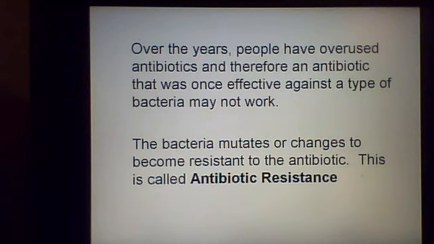Over the years, people have overused antibiotics, and therefore an antibiotic that was once effective against a certain type of bacteria may not work. The bacteria mutates or changes to become resistant to the antibiotic. This is called antibiotic resistance.